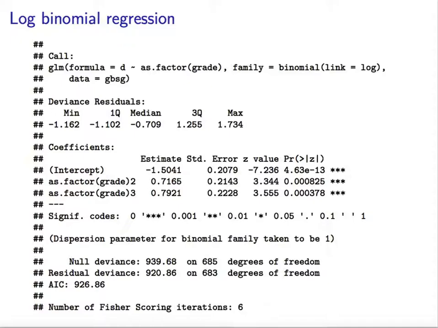So the only difference in our call to GLM is that we change the link function to log. The default link function for binomial is logit. Otherwise, you'll see this code here looks pretty much the same as what we had above.